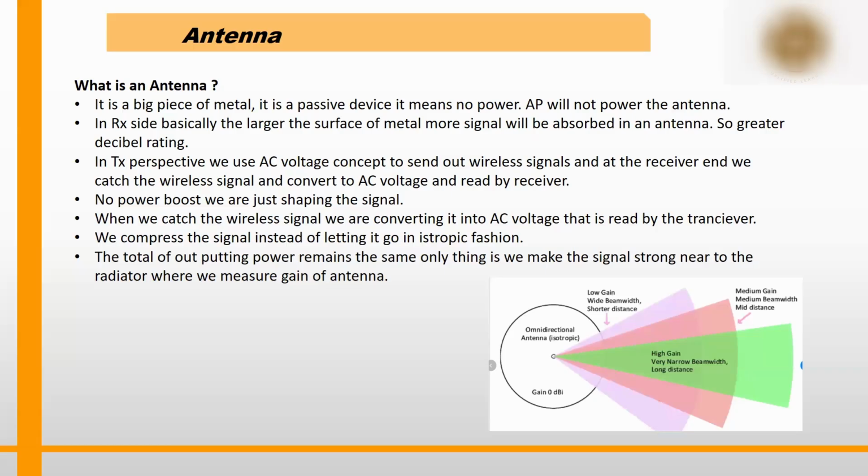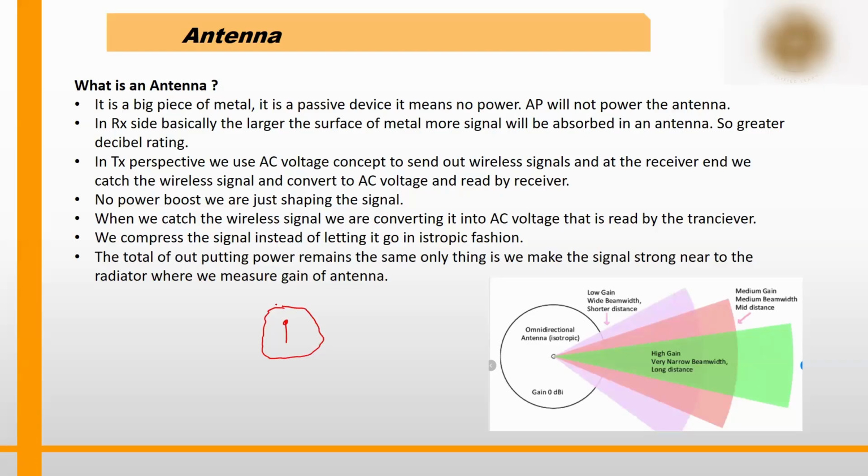Antenna gain is normally a comparison of one antenna against an isotropic antenna. And what is an isotropic antenna? We have understood in our previous session. An isotropic antenna is an ideal antenna that is going to radiate in all 360-degree directions.